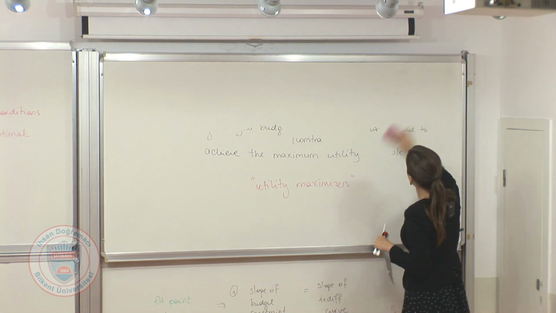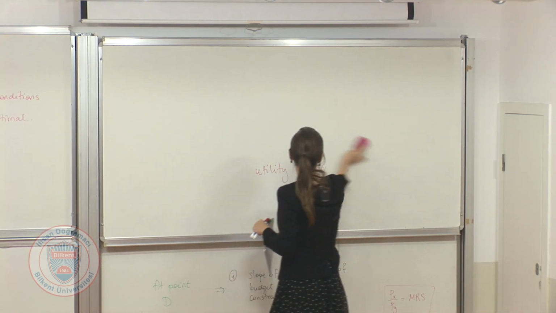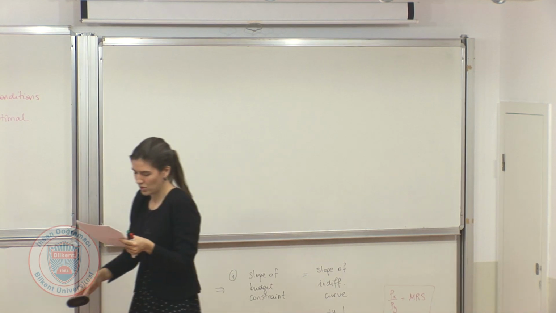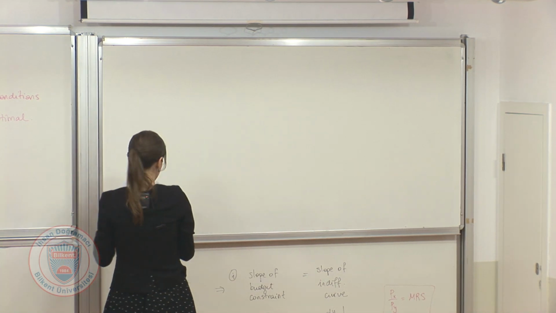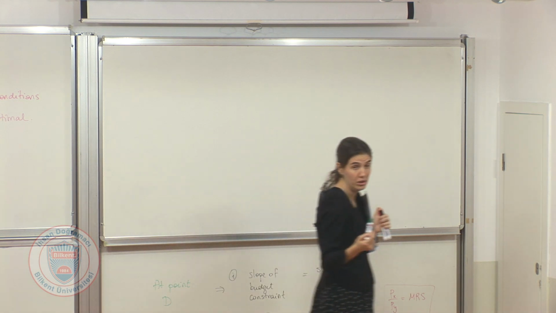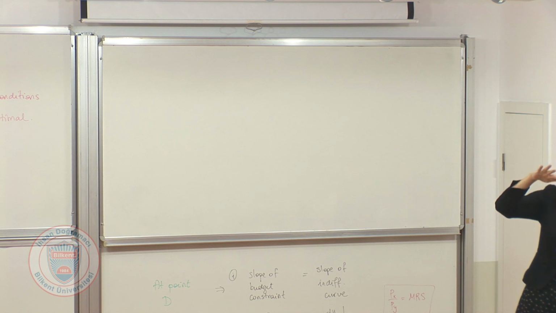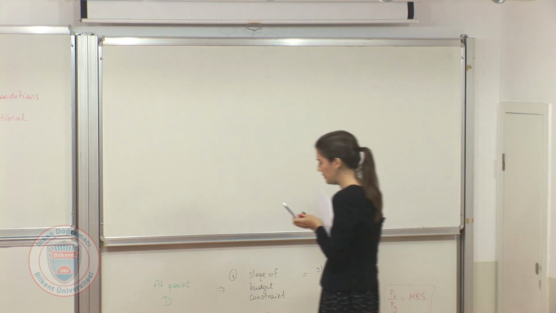So here, let me actually write this. Remember, this is a necessary condition, but if we have convex indifference curves, it's both necessary and sufficient. So let me write that down.